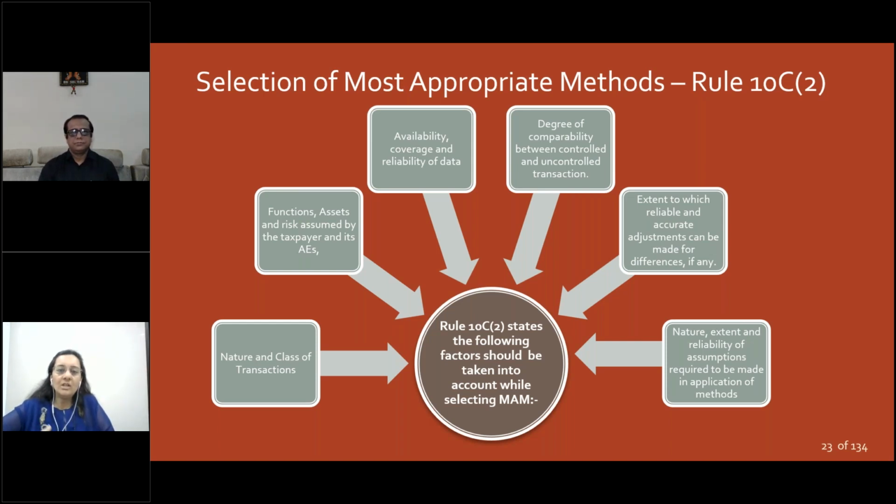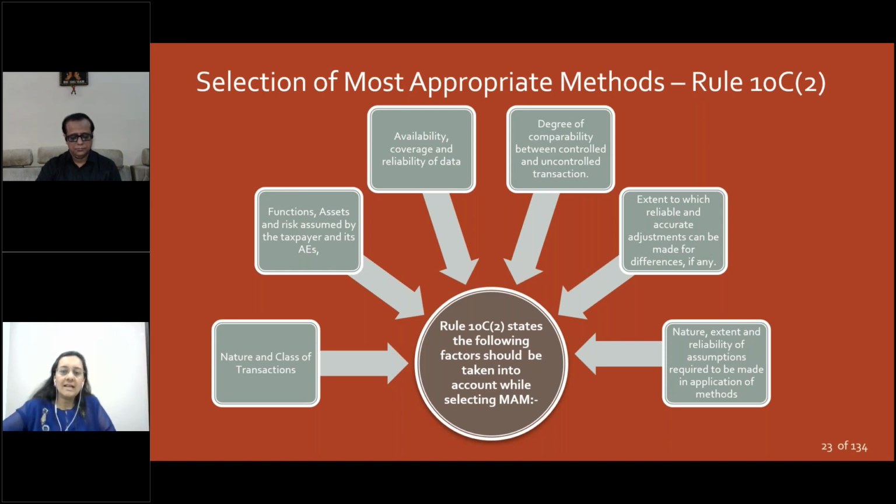And what is the actual degree of comparability between the controlled and uncontrolled transaction? Are you comparing apples and oranges, or are you comparing fruits and vegetables? What is the degree of comparability between what you're comparing and what you're comparing it with? So degree of comparability is a very important criterion for determining the method to be applied.